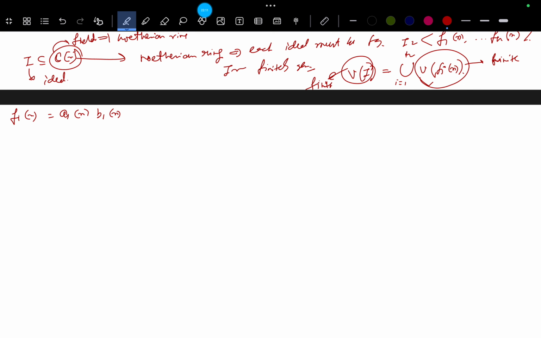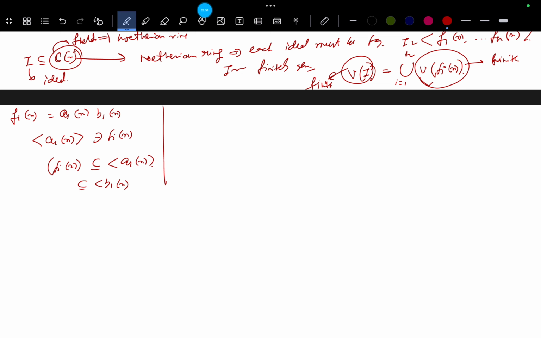Of course, the ideal generated by a_1(x) contains f(x), which means the ideal (f(x)) is inside (a_1(x)), a prime element, as well as inside (b_1(x)).